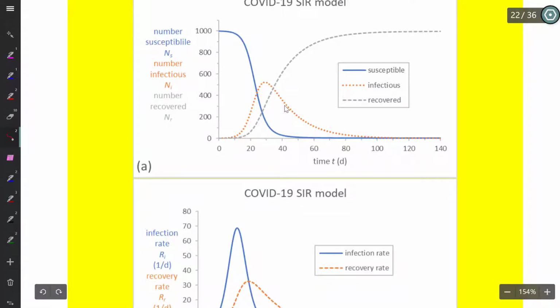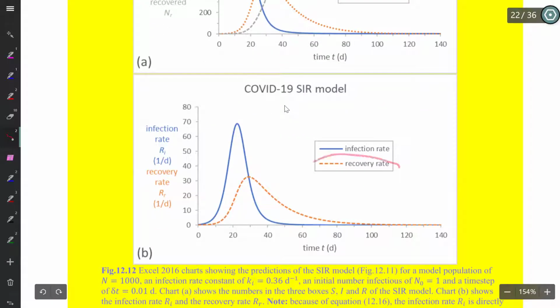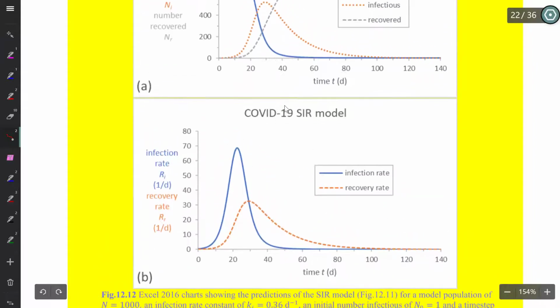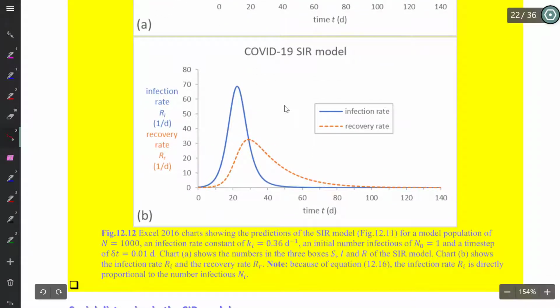They're not the same thing though, because this one is the number infectious and this one is the recovery rate, and they're directly related to each other even though they're different things. But the thing that happens is this blue curve always crosses through the peak in the orange curve. And so that's what we want to talk about now, because understanding what's happening at this point can give you really surprisingly deep insights into how this SIR model works.